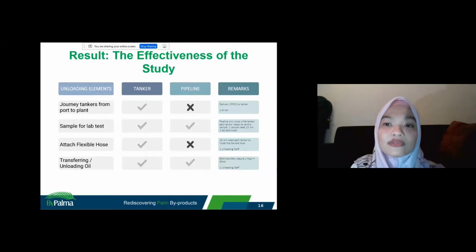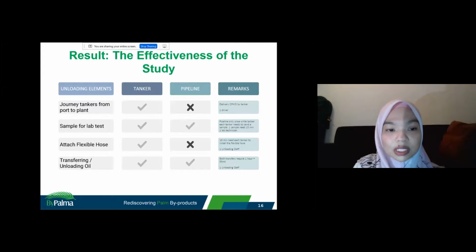Okay, this is the effectiveness of the study. The journey from tanker to port, from port to plant: for the tanker yes, but for the pipeline no. The sample for lab test: for the pipeline only once, but each tanker needs a lab test.